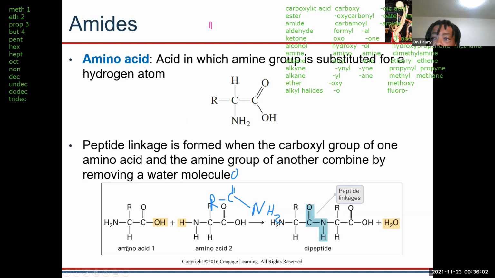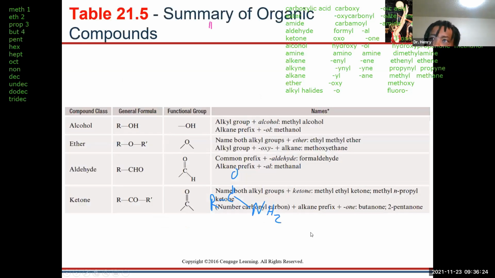Here are examples of some of the amino acids. We have our carboxyl group, then carbon, then the amine group on the other end. This forms what we call a dipeptide bond. I'm not going to worry about naming those.